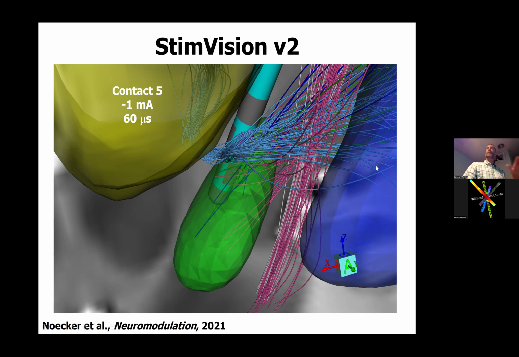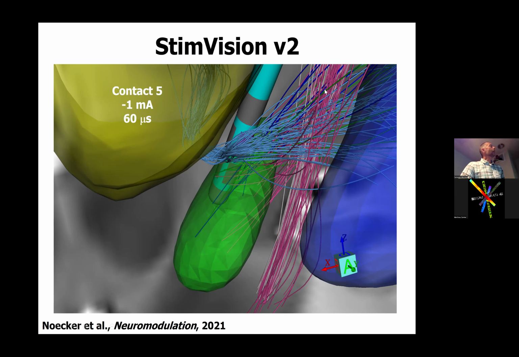You get some of that, but it's not really the key player. The key players in my analyses have been this blue pathway, which is the pallidothalamic pathway, going from globus pallidus, across the internal capsule, and up into thalamus, and this pink pathway, which we call the motor hyperdirect pathway.